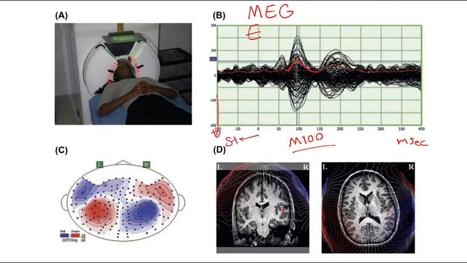Here you can see the map of the auditory cortex on both sides, and you can have this map for every millisecond. The interesting part is that you can show on the brain that the signal is here, then goes here, and here, and here.